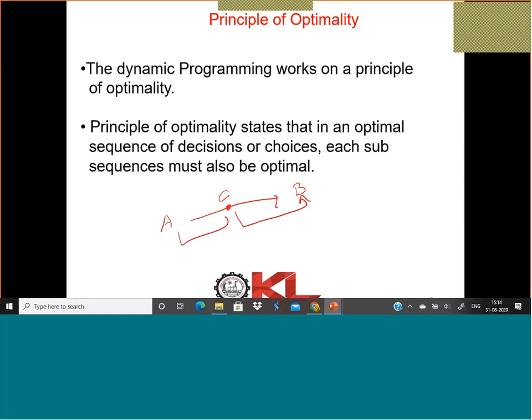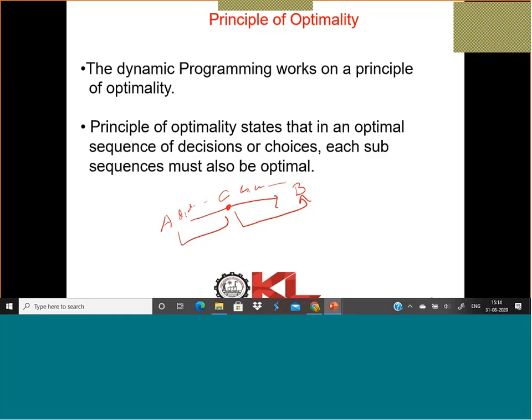Because in between there are many decisions, like D1, D2, and some C1, E1, E2, many sequences of decisions existing between A to B via C. If the A to B distance is optimal via C, then definitely A to C is also the optimal distance, and C to B is also optimal.